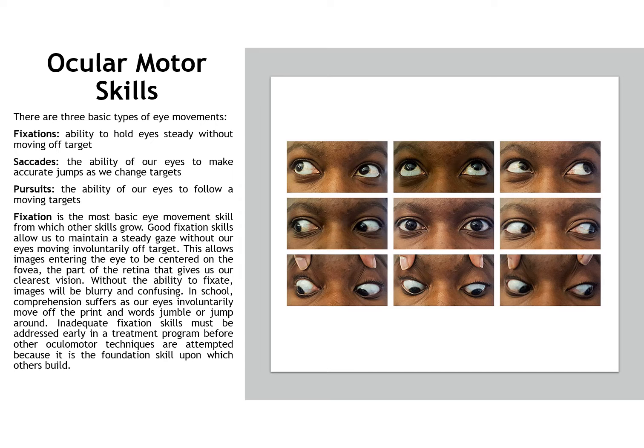Without the ability to fixate, images will be blurry and confusing. In school, comprehension suffers as our eyes involuntarily move off the print and words jumble or jump around. Inadequate fixation skills must be addressed early in a treatment program before other oculomotor techniques are attempted, because it is the foundation skill upon which others build.